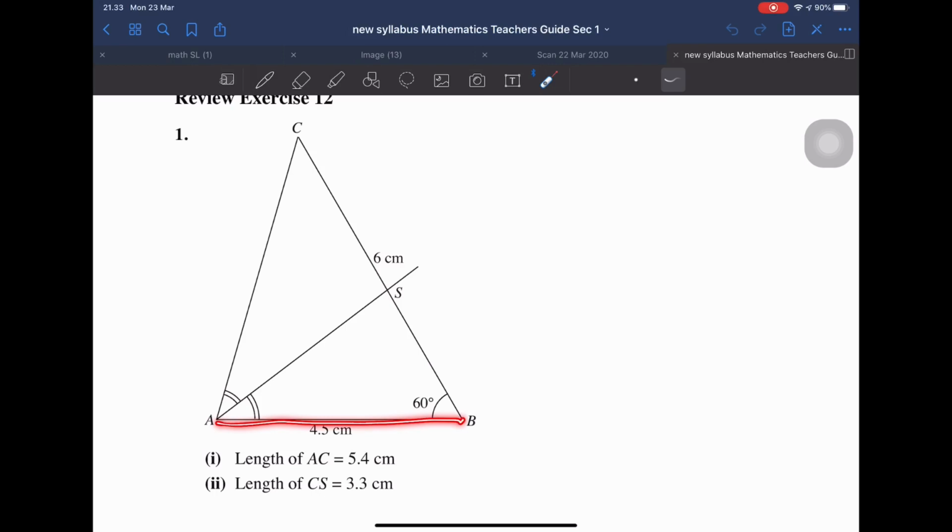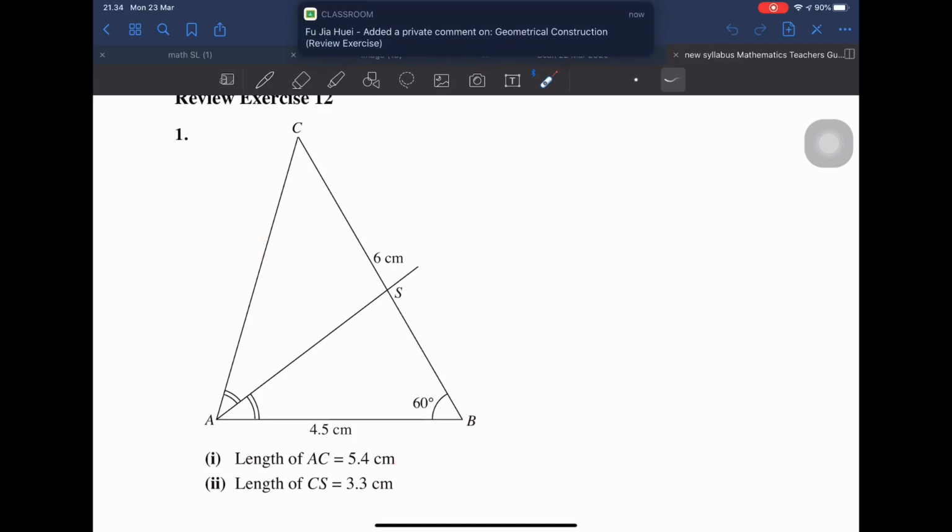So A to B, make sure you draw a straight line like this at first, just to make it easy. 4.5, and then using the protractor, make it 60° with 60 cm long, and then connect AC. That's how you do it. And then measure it. It should be 5.4. It's here.